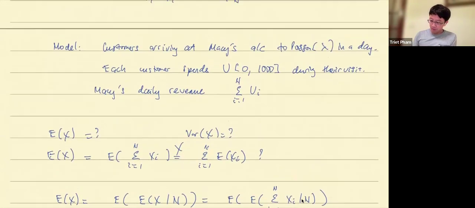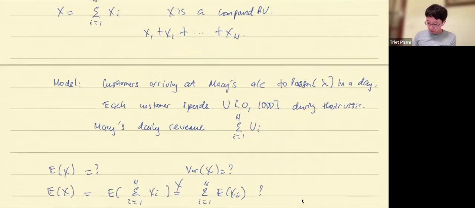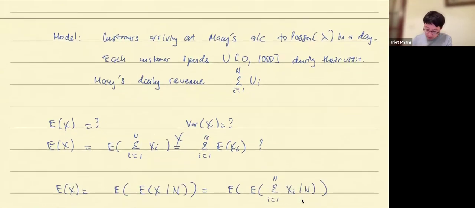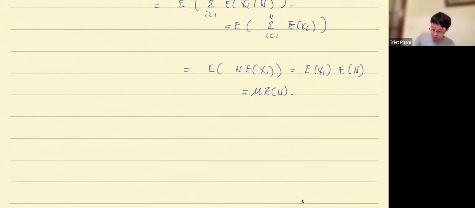So now we also want to compute the variance. And you might as well guess it, the variance will also involve conditioning on n, which requires the conditional variance formula, which is 3.4.1.